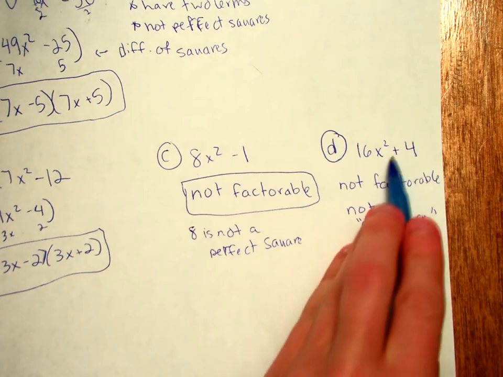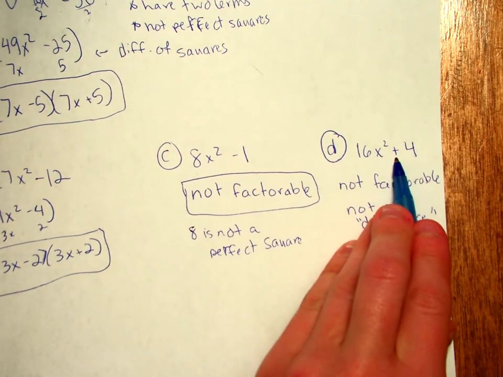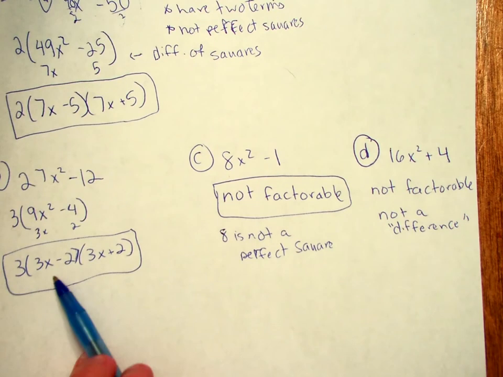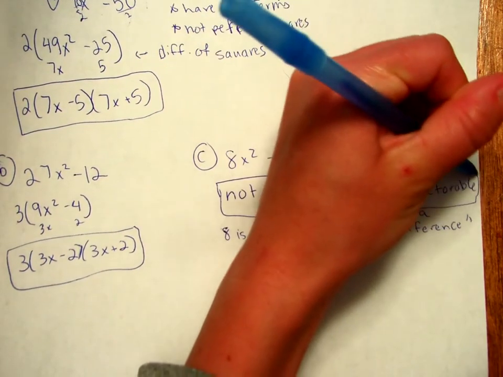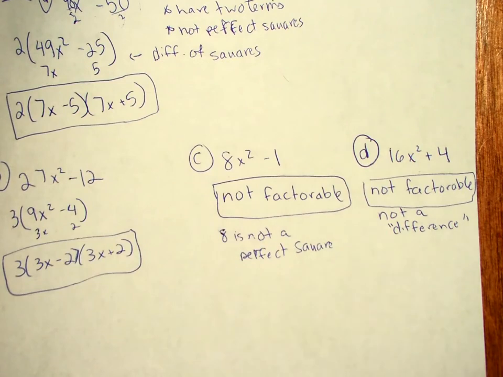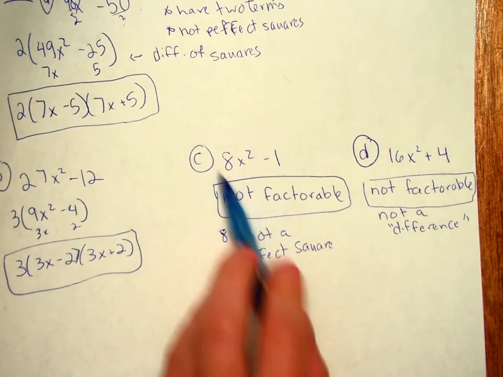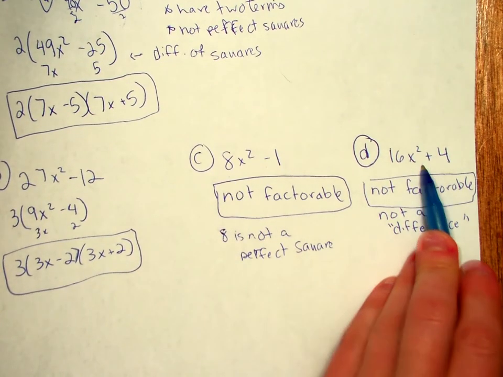Not a difference. You cannot have a plus sign connecting these two because if you had opposite signs, it wouldn't work. So there are cases where they're not going to be factorable. One is if they're not perfect squares. One is if they're plus sign.